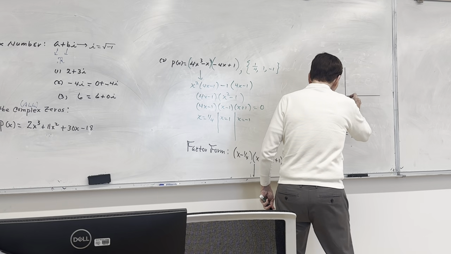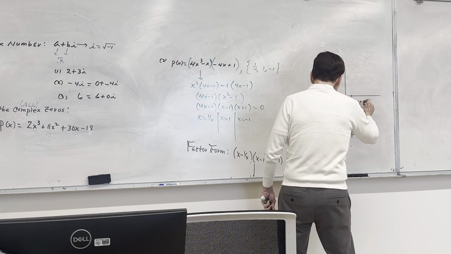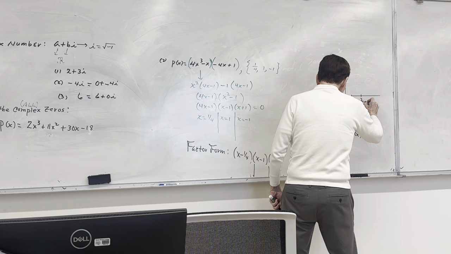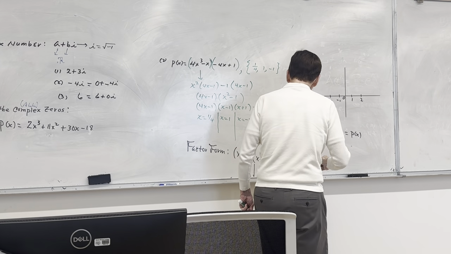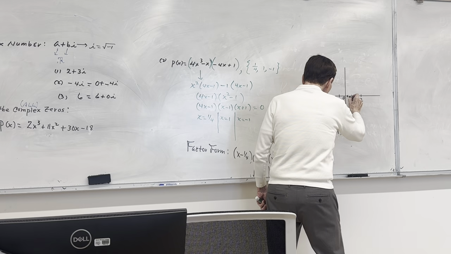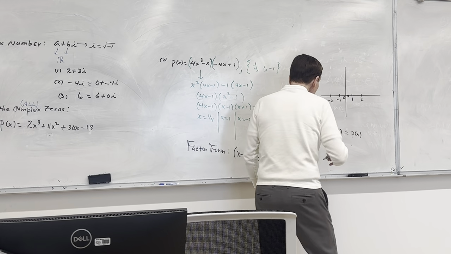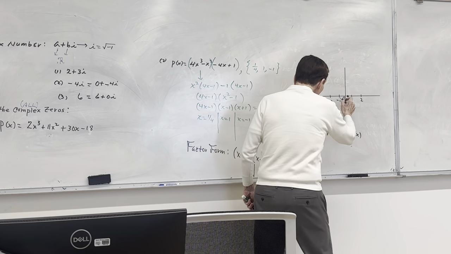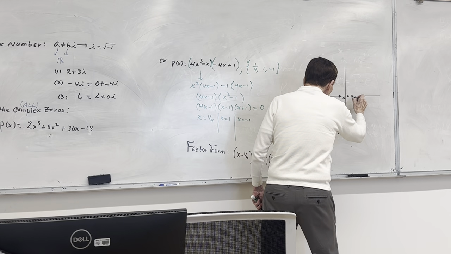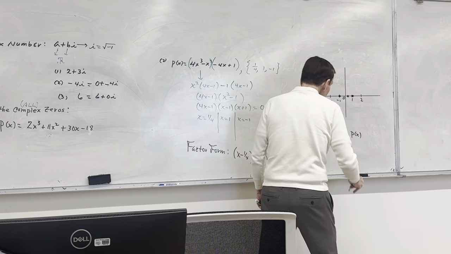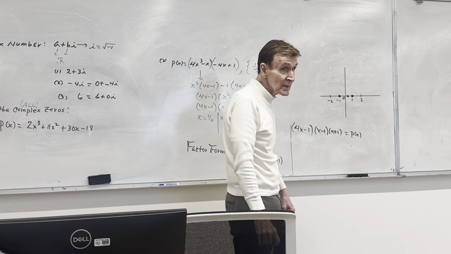Let me place 0 here for a reference. Let me quickly place 1/4, that's this right here. X-intercepts, 1 and negative 1. Say it looks like that. Those are my x-intercepts. Can you guys see from back there?